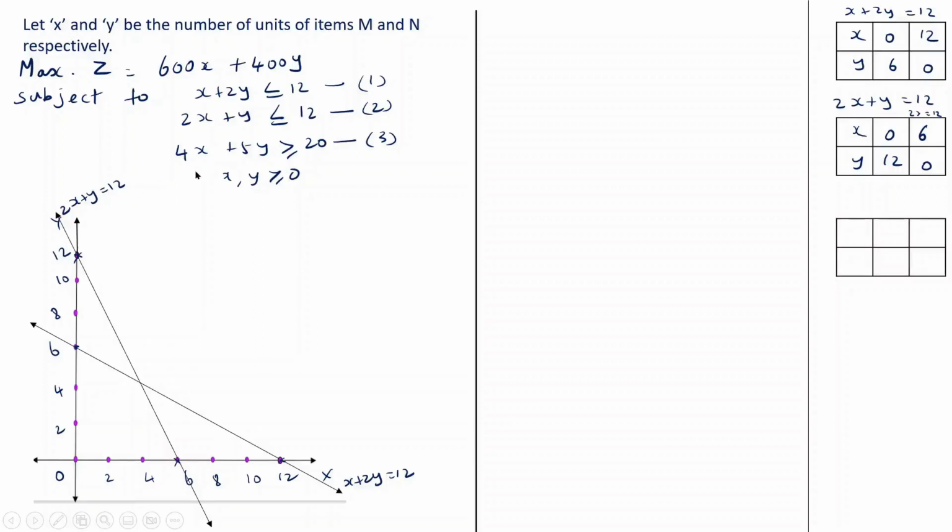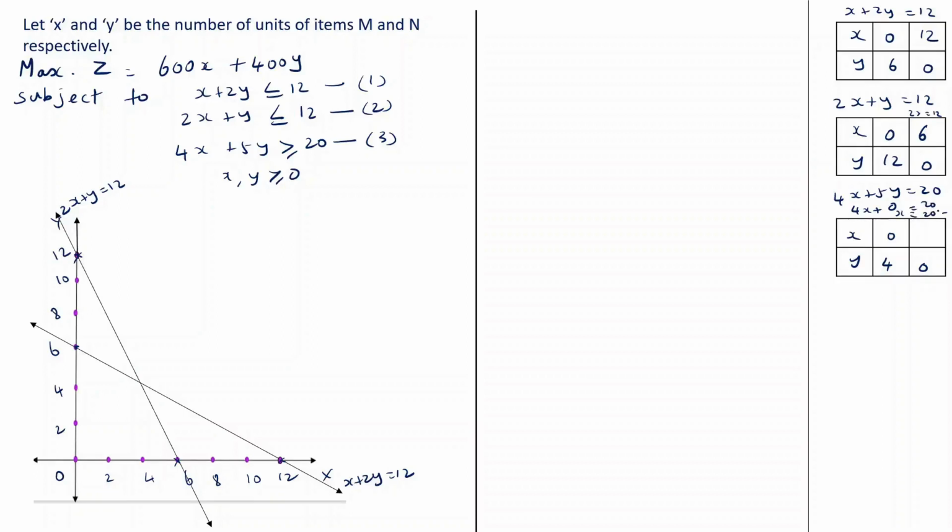And next we have the next line, 4x plus 5y equal to 20. When x is 0, this becomes 0. So 5y equal to 20, y is equal to 20 by 5, which is 4. And then when y is 0, this part becomes 0. 4x plus 0 equal to 20.